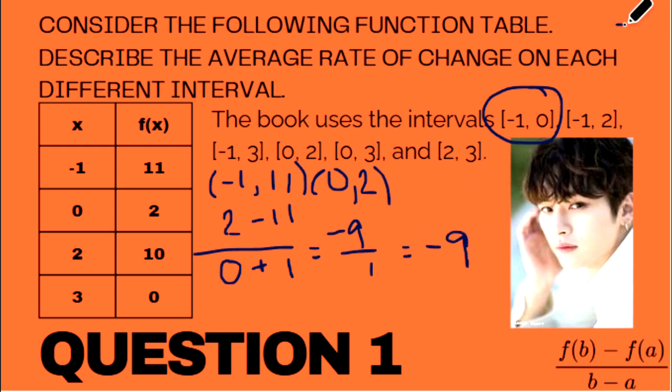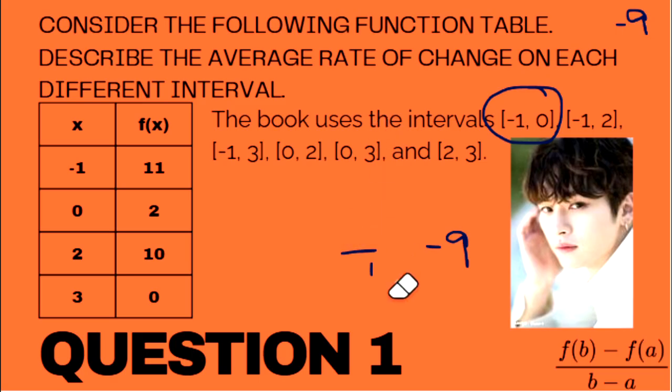So our first rate of change is going to be -9. Now, it's also going to ask us whether these things are increasing or decreasing. Because this is negative, that means the function is decreasing. So the answer for this one is decreasing and -9.